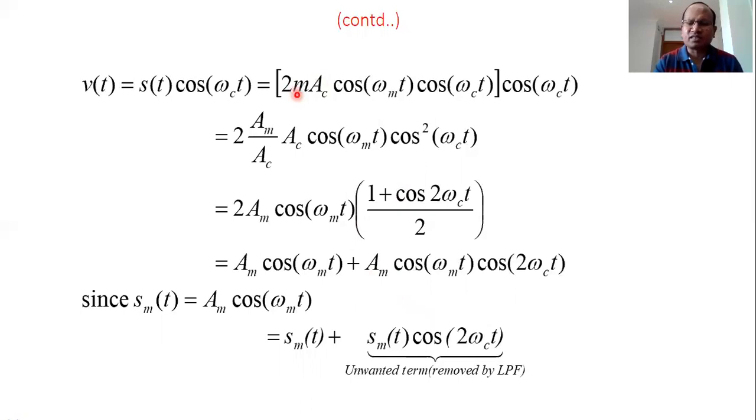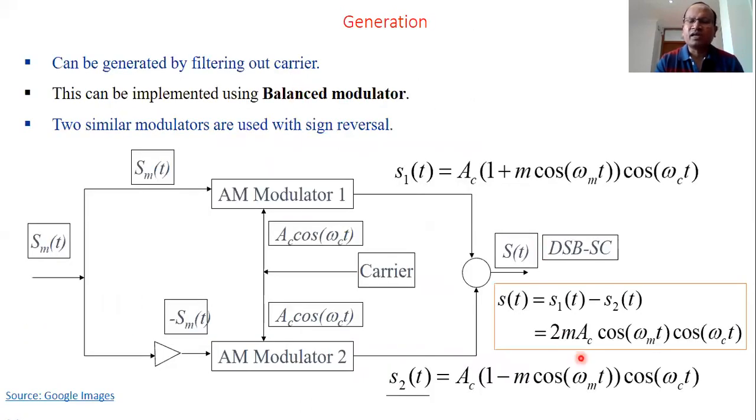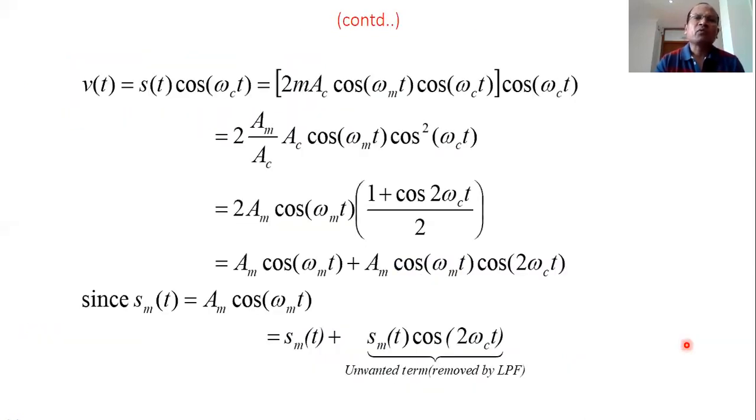What was DSBSC? If you see the previous diagram, DSBSC is 2 m AC cosine omega MT multiplied by cosine omega CT. So when you multiply this by cosine omega CT, we can write it as 2 AM AC divided by AC, into cosine omega MT cos square omega CT.